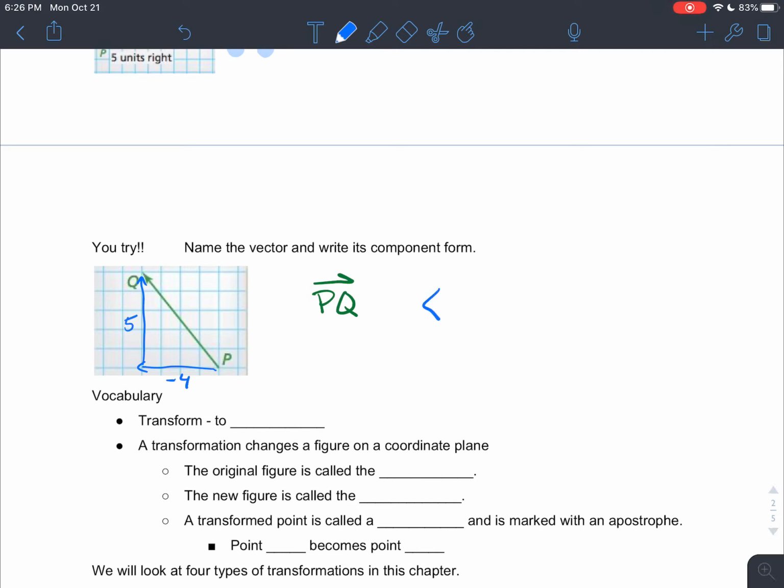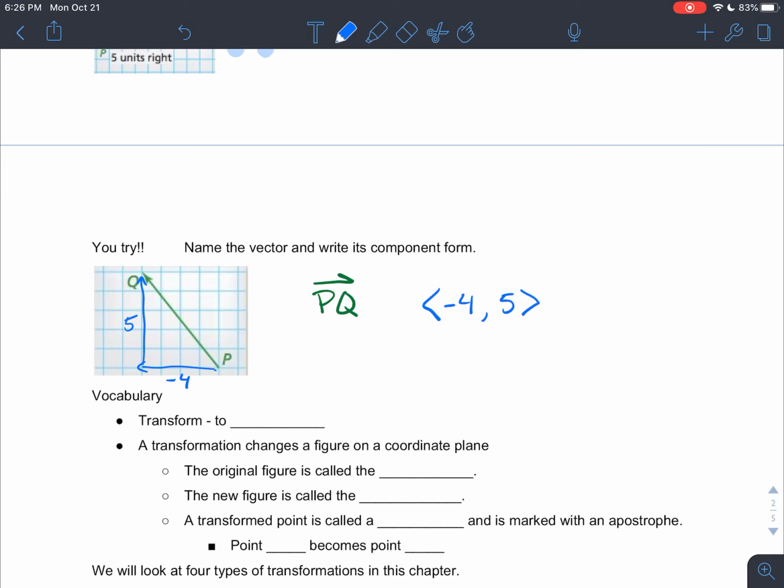So the vector notation is going to be arrow bracket, -4 because that's my horizontal, 5 because that's my vertical, arrow bracket. So PQ with the harpoon above and -4, 5 with the arrow brackets.